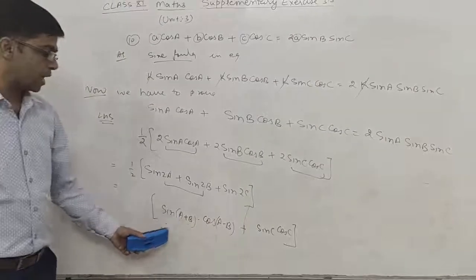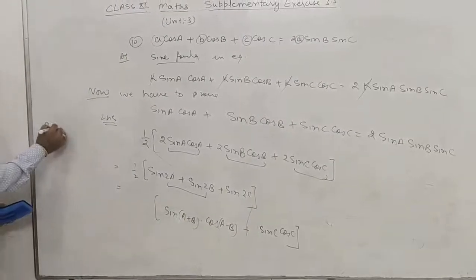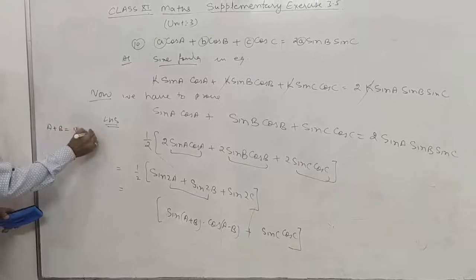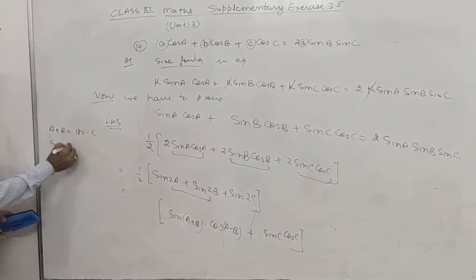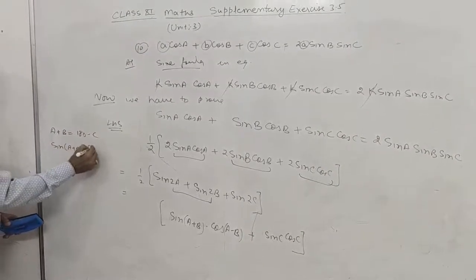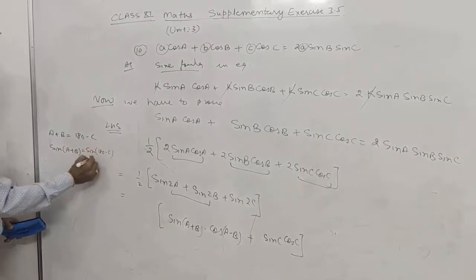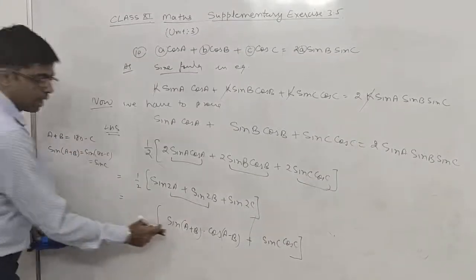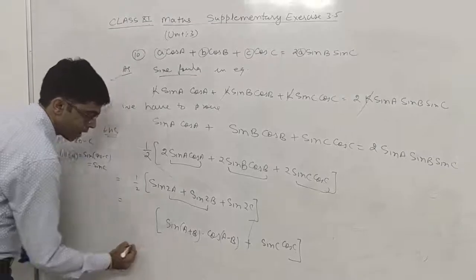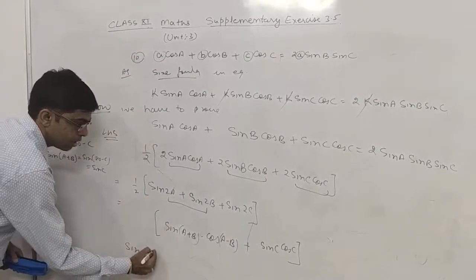Now what is sine A plus B? A plus B is 180 minus C. Sine of 180 minus C means sine C. So in place of sine A plus B we can write sine C.